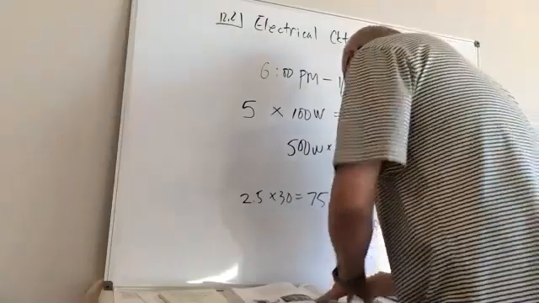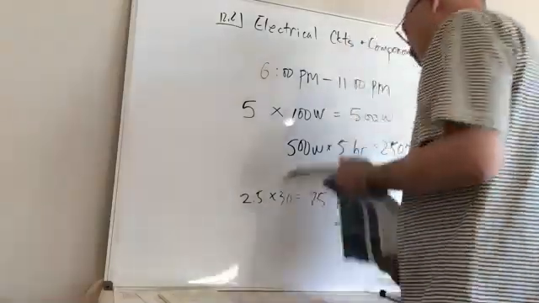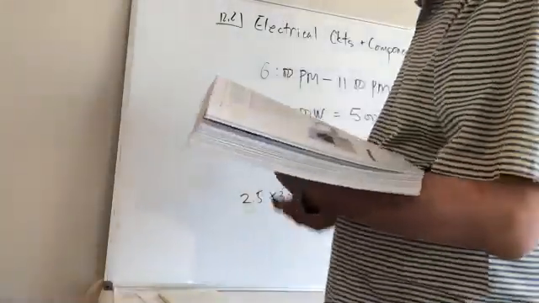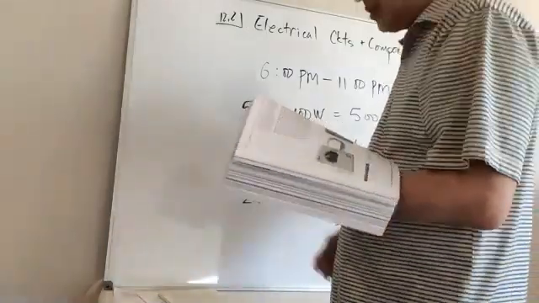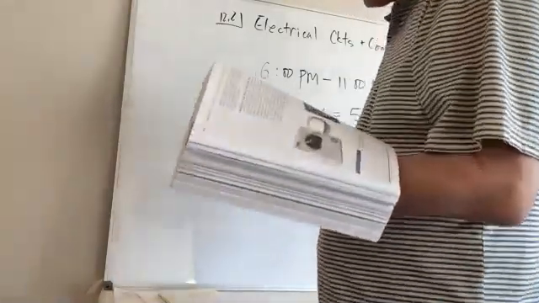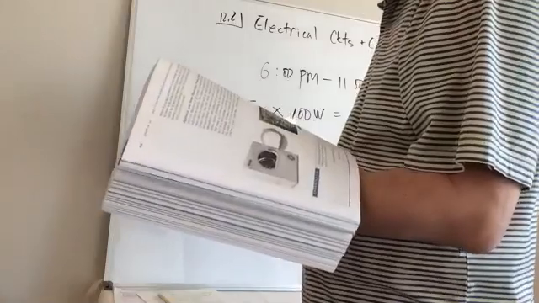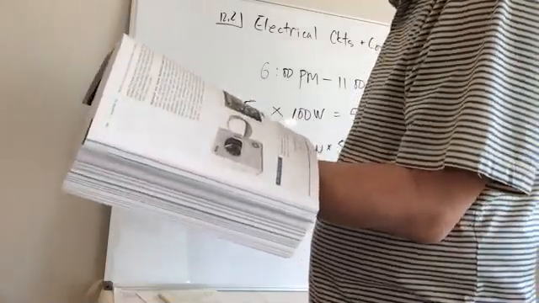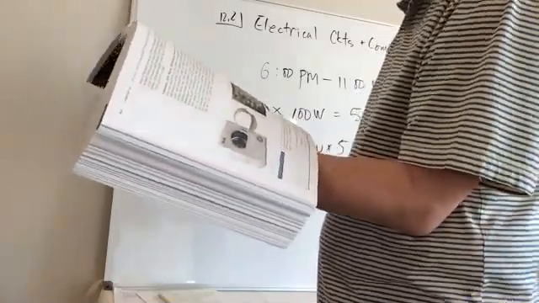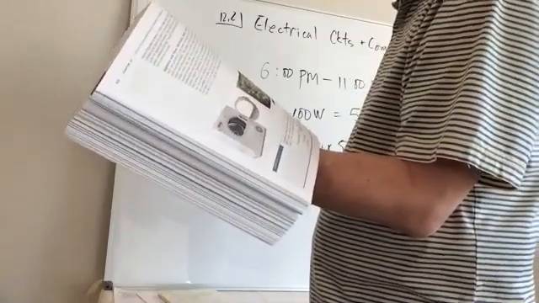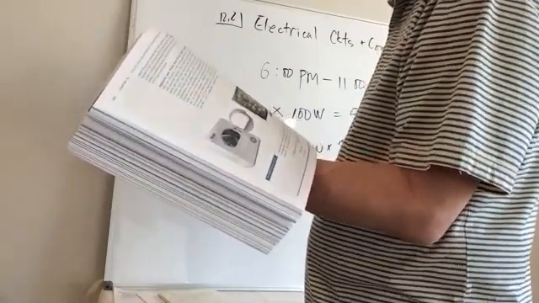Okay, if you go to page 411, it shows you the range of power consumption. If you look at the range of power consumption, what are the things that are going to be really heavy hitters here?